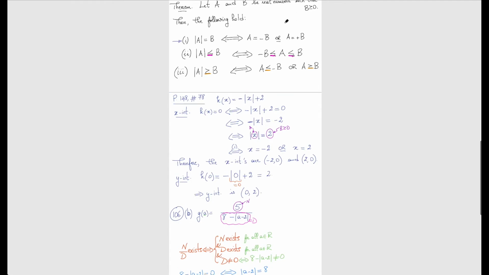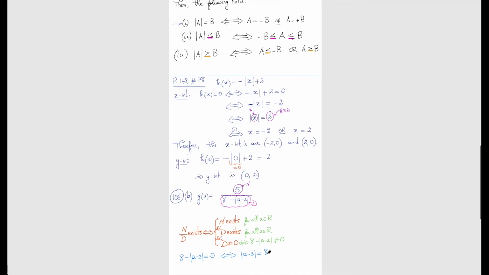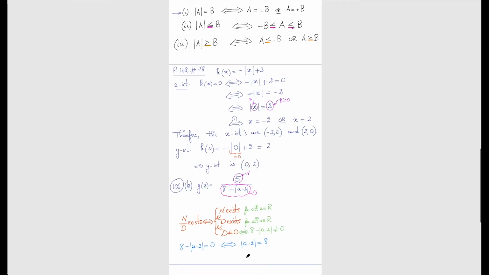This condition here. Well, b is going to be 8, which is certainly non-negative, and capital A in property 1 is going to be little a minus 2, right?